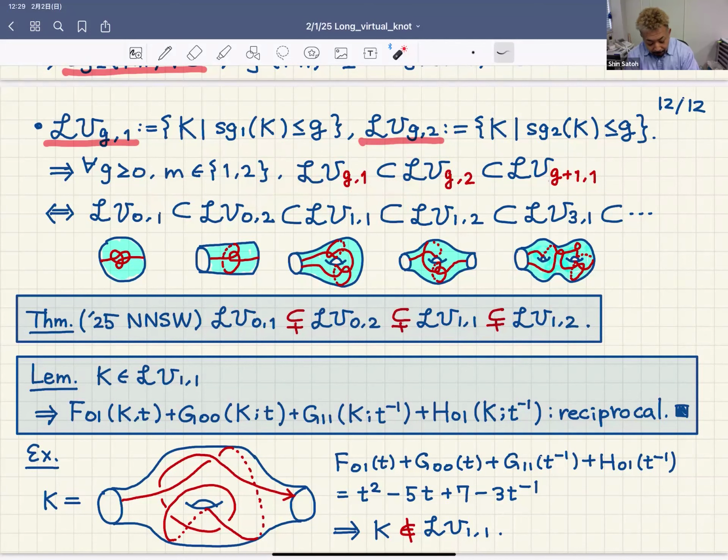That is, LV01 is a proper subset of LV02, and it is also a proper subset of LV11, and it is also a proper subset of LV12. Here, here, and here.